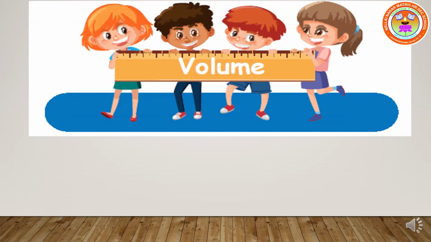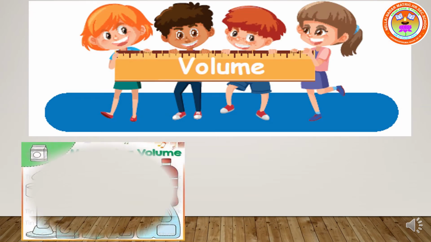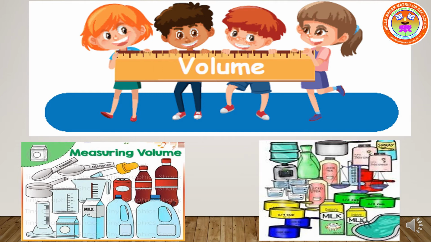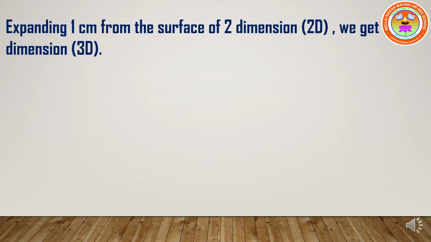Children, now let us move on to the topic volume. Shall we start? We have already learned what one dimension and two dimensions are. Now, expanding 1 centimeter from the surface of two dimensions, that is 2D, we get the 3 dimensions.